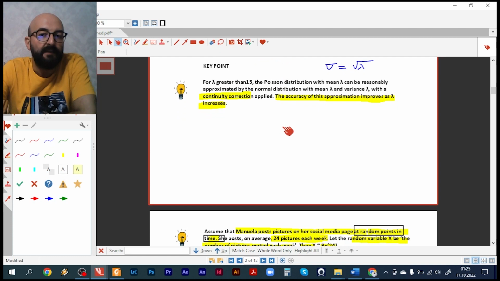Okay, when do you use the normal distribution instead of the Poisson distribution? For lambda greater than 15, the Poisson distribution with mean lambda can be reasonably approximated by the normal distribution with mean lambda and variance lambda, the same, with a continuity correction applied. The accuracy of the approximation improves as lambda increases.